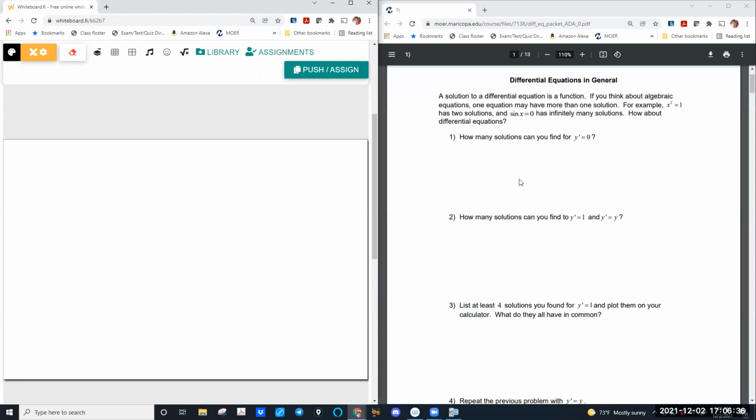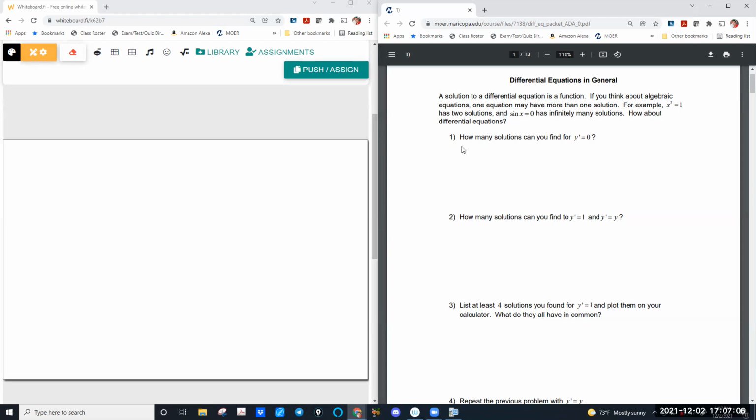And it turns out you guys have solved some differential equations. When you do the antiderivative of a function, that actually could be considered solving a differential equation, because you had an equation that had information about the rate of a function, and you use that to find the solution. And as you can see in this first sentence here, a solution to a differential equation is a function. Okay, so let's talk about what that means.